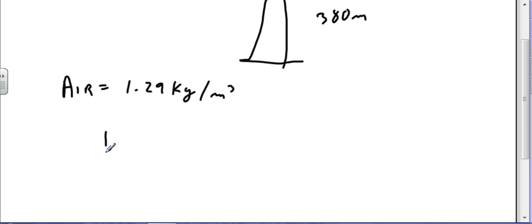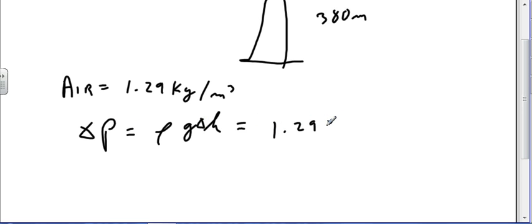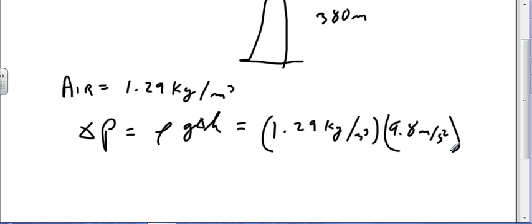Okay, so pressure is rho g h, and so that difference will be those differences like that. 1.29 kilograms per meter cubed, 9.8 meters per second squared, and 380 meters.